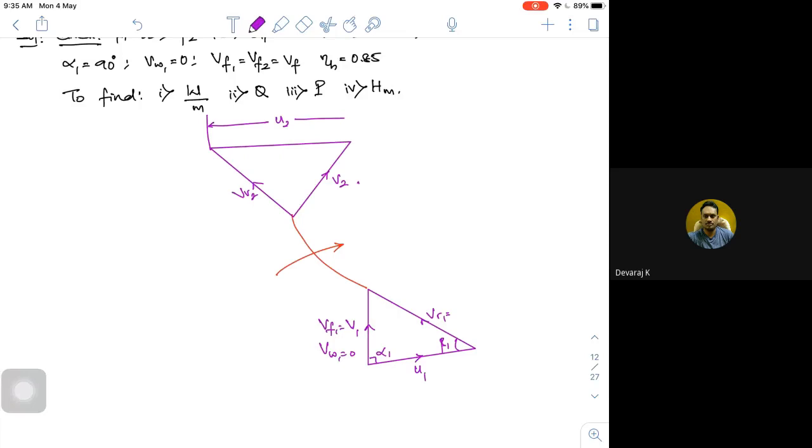Because this is a radial flow machine, your U1 and U2 are different, and the components of the velocity V2 will be, this will be Vf2, and this will be Vw2 in this direction. So this looks like a simple velocity triangle. And we will try to calculate the other components.